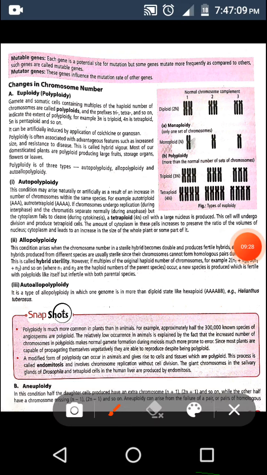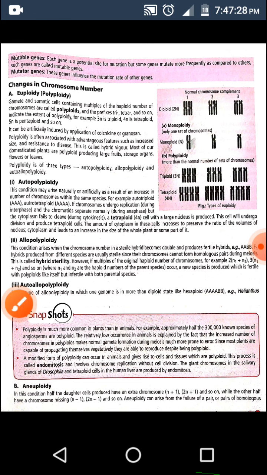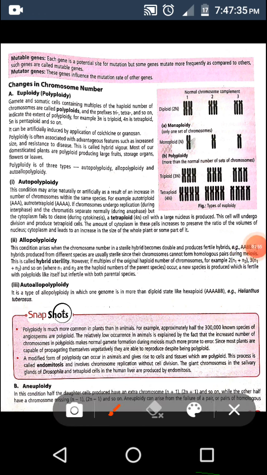So, first one, that is euploidy. In euploidy, we mainly see there is an increase in a number of chromosome in a haploid set of a chromosome, or gametes and somatic cells containing multiples of haploid number of chromosomes are called as polyploidy. So polyploidy or euploidy is nothing but there is a complete change in a haploid set of a chromosome.